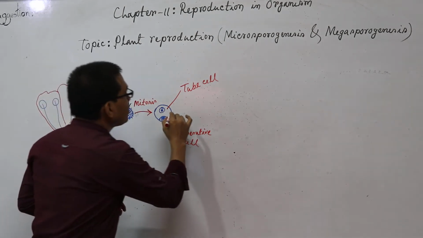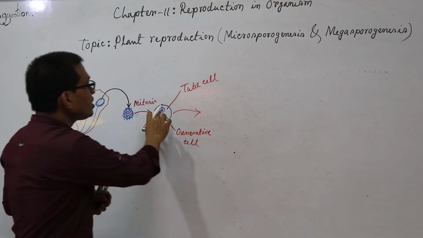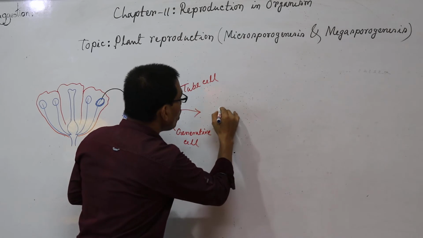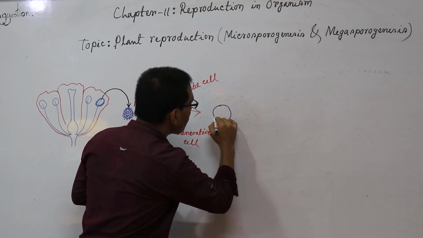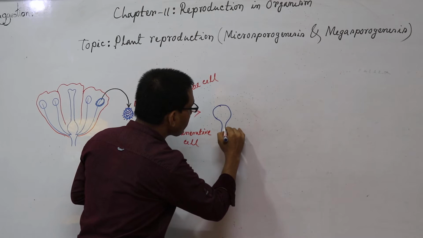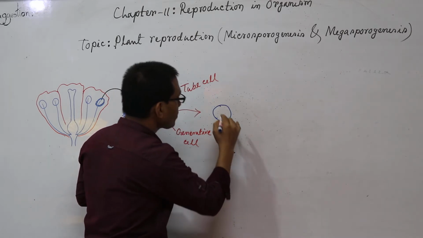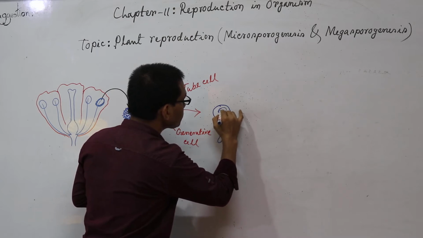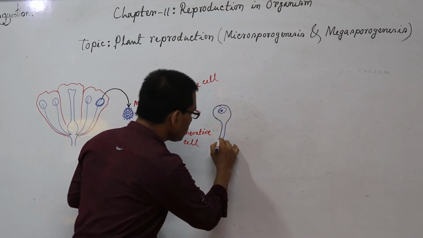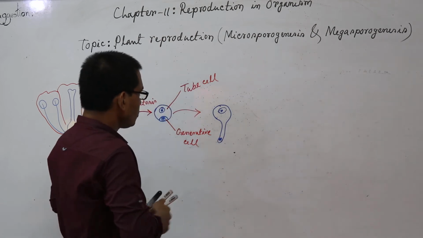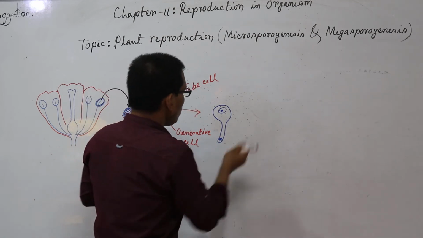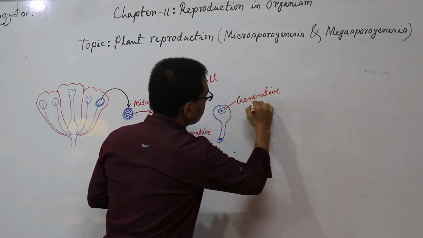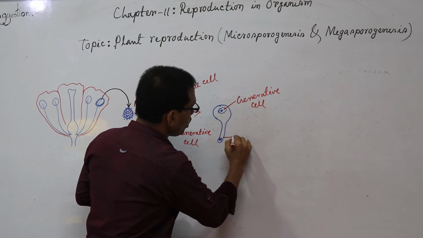Generative cell. Then this tube cell basically forms pollen tube. This is generative cell and this is pollen tube.